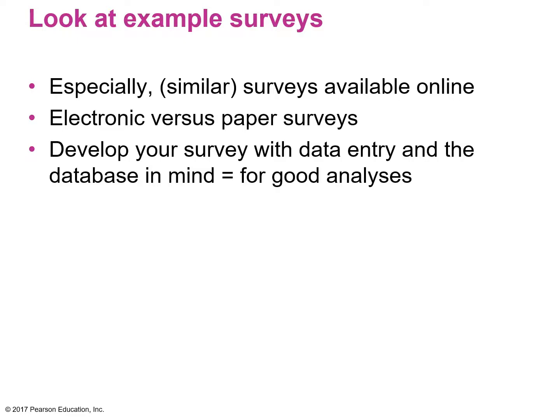Paper surveys have a lot more steps as far as coding, extracting the information, and data entry. It's a really nice advantage for the electronic version because it takes some of that away. It doesn't mean there's no human error in how you program your online survey, but if you can program it well, it does take away a lot of the other steps that you would need to do with paper surveys.